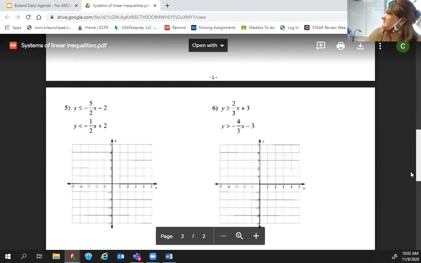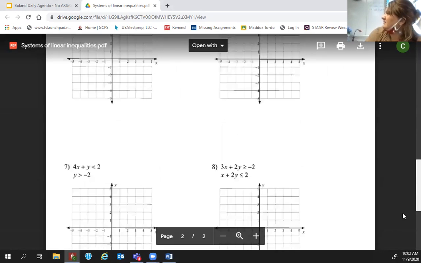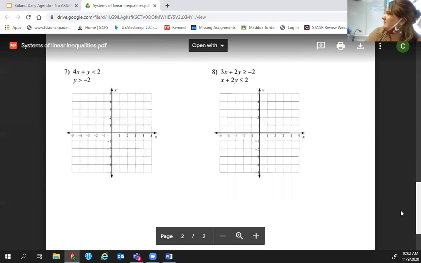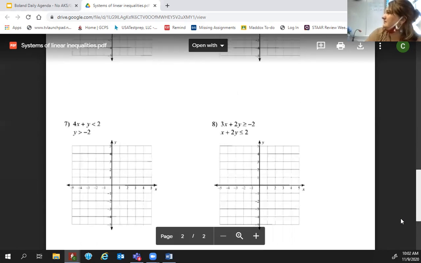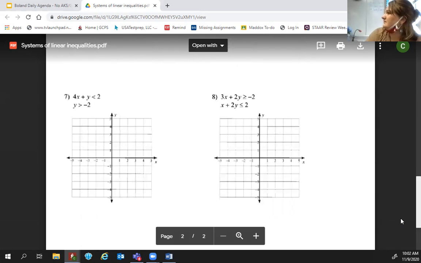Number 6 is actually quite easy. So I'm going to look at number 7 or number 8? 7. Okay, I'm going to look at number 7. So we are looking at number 7.